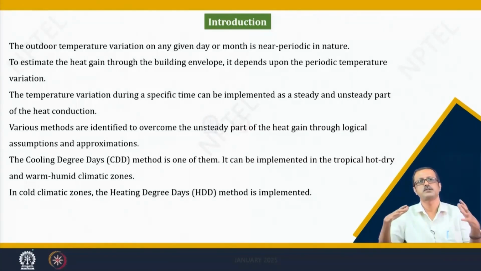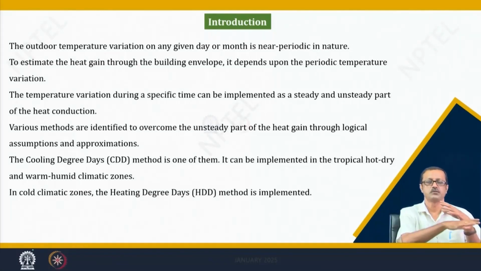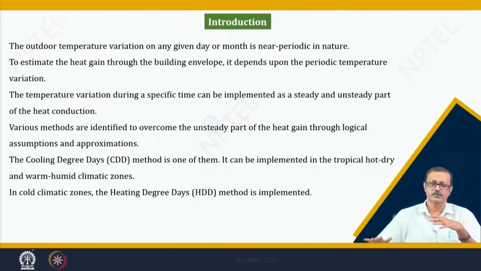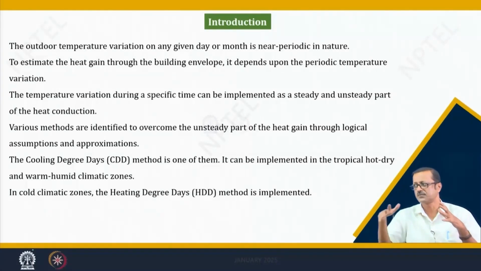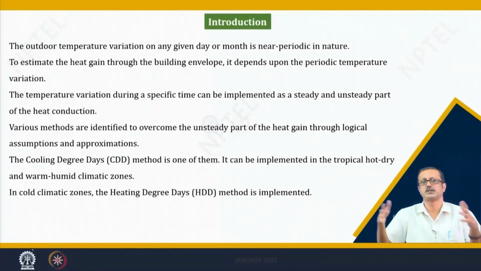You know, the outdoor temperature of a particular area always follows a kind of periodicity in nature. It increases, and then after some time it decreases, and it creates a similar pattern if you take some portion of 3, 4, 5, 6 days.